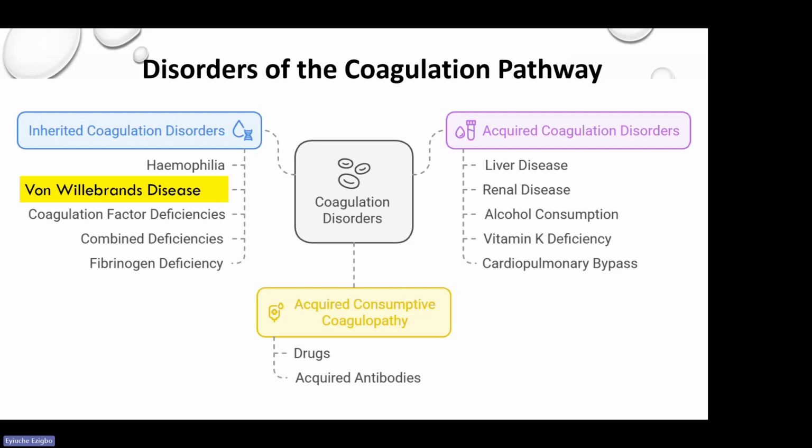So we are going to pick one or two from each of these sub-classifications of coagulation pathway to use as an example for our learning. So we are picking von Willebrand disease from the inherited coagulation disorders. So today we are going to basically look at von Willebrand's disease.